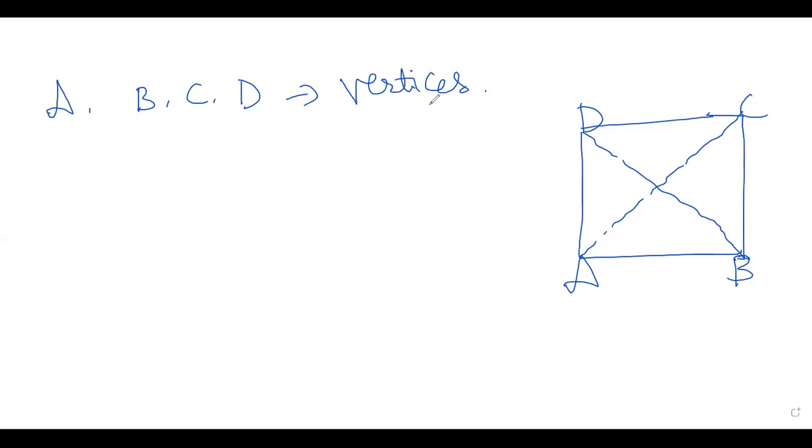What do you mean by vertices? Vertices is nothing but points. Points we call vertices. The singular of vertices is vertex. If there is one point, we have to use vertex. If more than one point is there, we have to use vertices. So A, B, C, D, these are the 4 vertices of the quadrilateral.